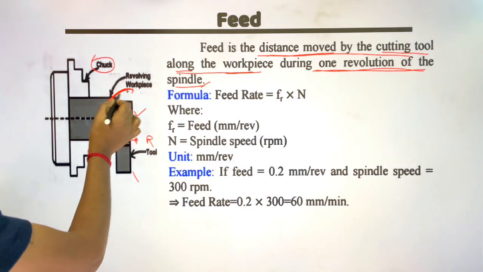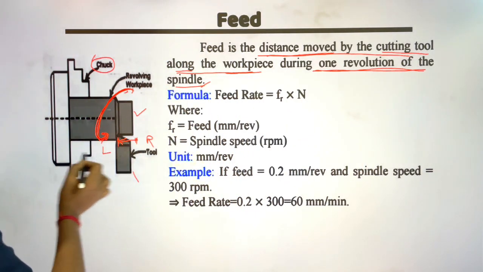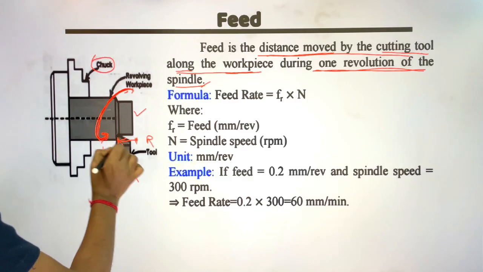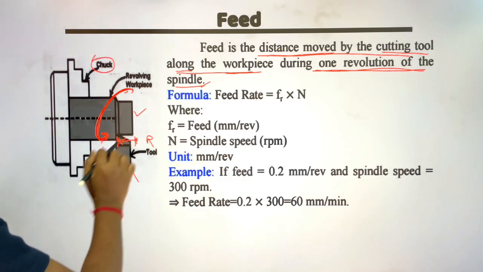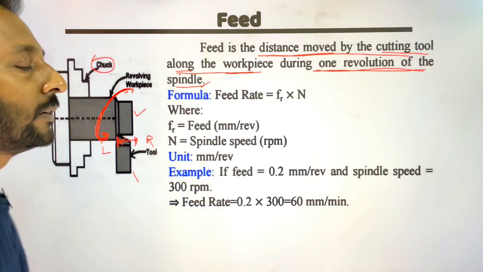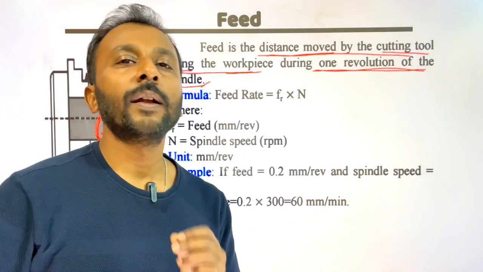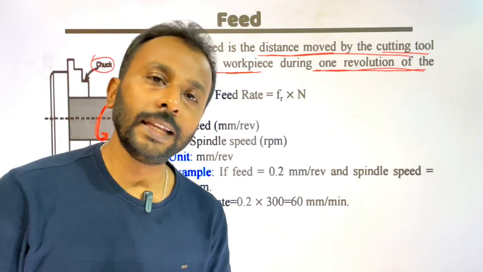The spindle is revolving one turn and the tool is moving forward. The distance moved by the tool when the workpiece is revolving one turn is the feed per revolution of the lathe machine.